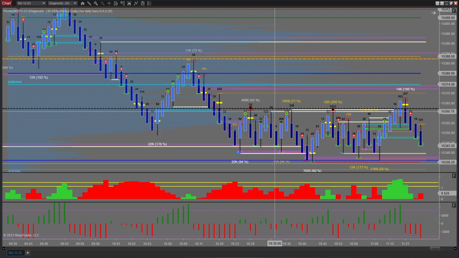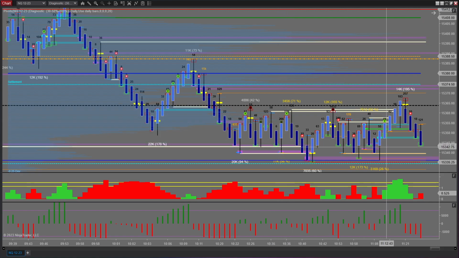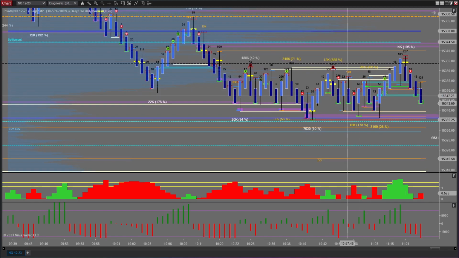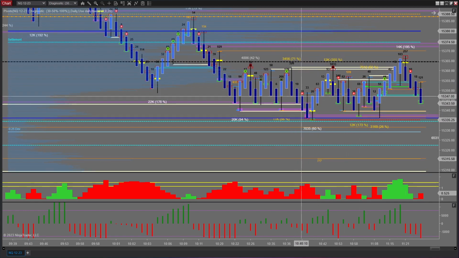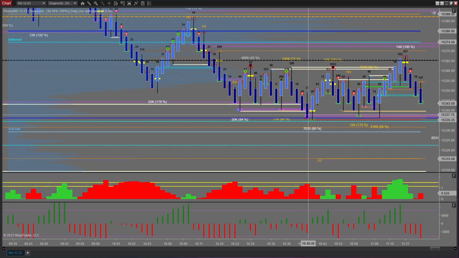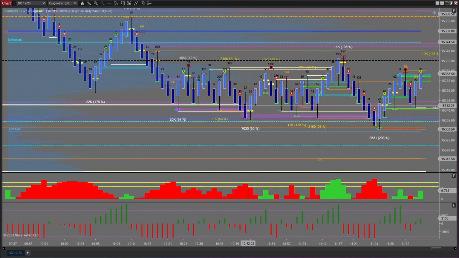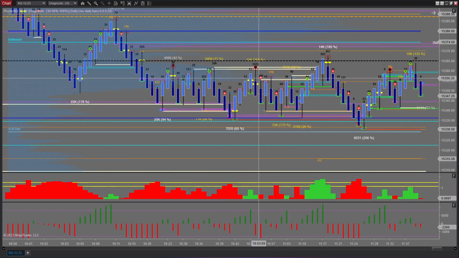Take the profit. And then when it printed this mini magnet on this one, I did the same thing, going down, up, down, and then I didn't get into it over on this side.